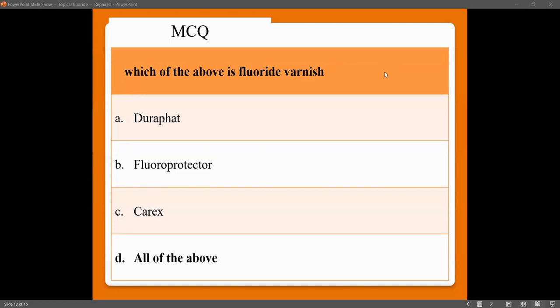For Duraphat it is 22,600 ppm. For Fluor Protector it is 7,000 ppm. And for Carex it is 18,000 ppm. So you have to remember this one-word fact related to fluoride varnishes. Now, see, this is one example I have given you of what they will be asking during your NEET examination.